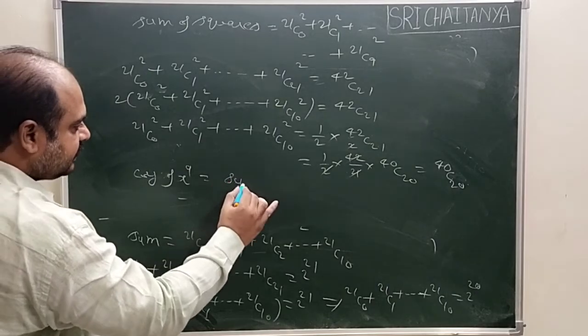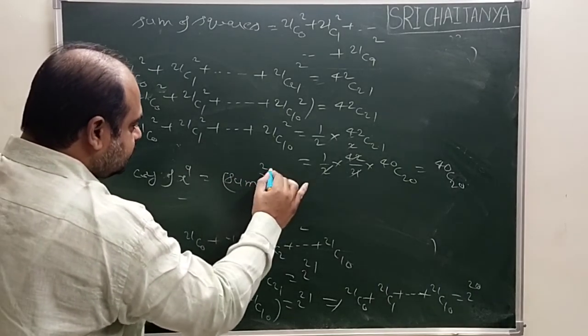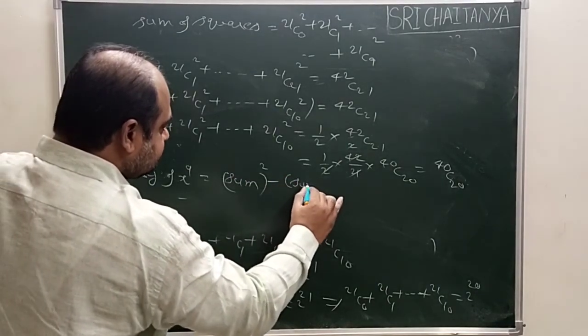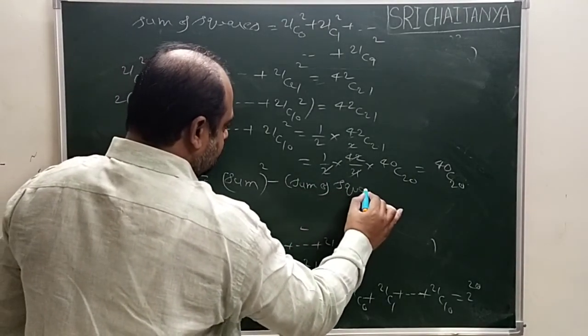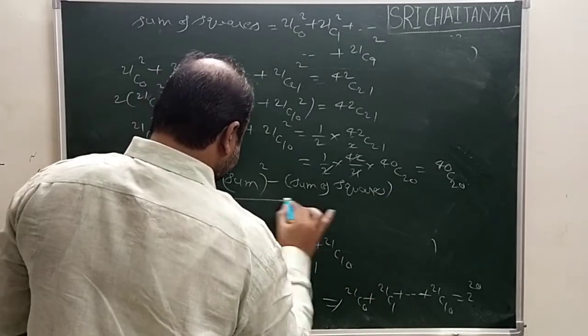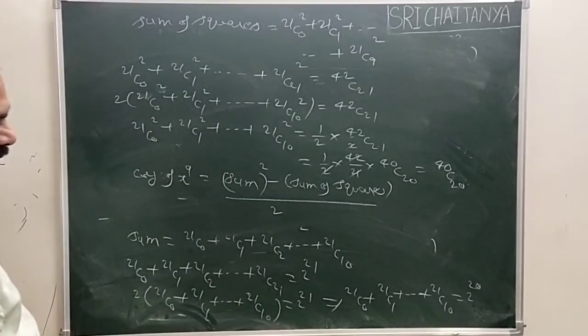Now the required coefficient, what is our required formula? Sum square minus sum of squares, divided by 2.